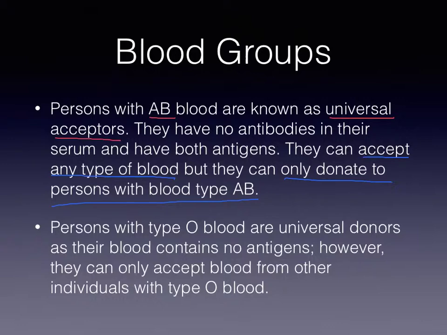Persons with O blood are universal donors, as their blood contains no antigens. However, they can only accept blood from other individuals with type O blood.